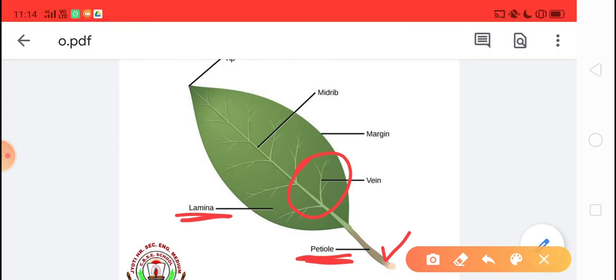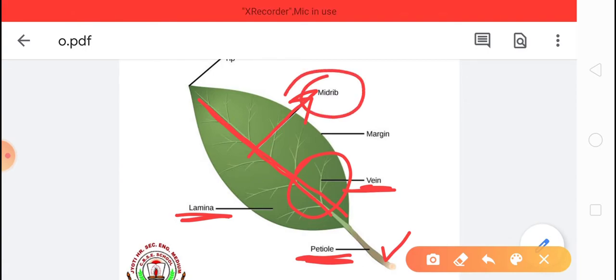Those lines are called veins. Okay, and one prominent line seen in the middle part of the leaf, that prominent line is called midrib.